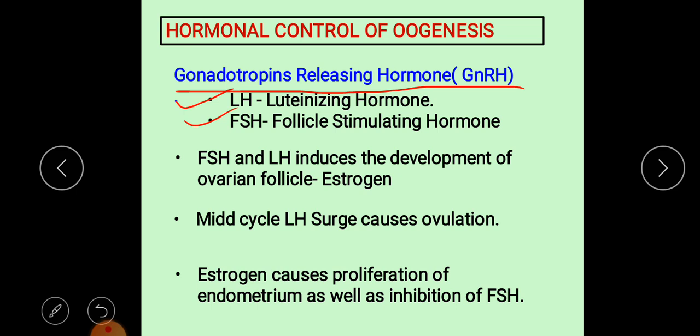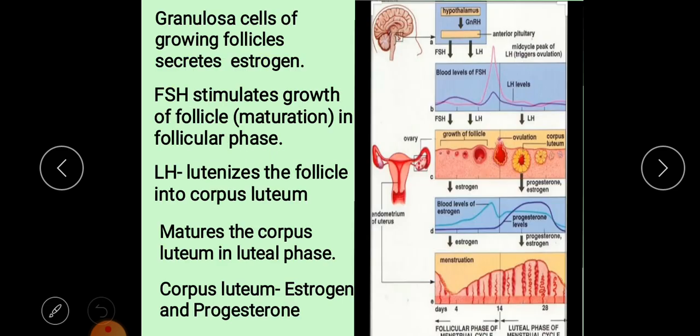Okay, so let us see the follicles in the ovary. The development of the follicles involves several important components. In the ovary, you can see the follicle cells and their growth.